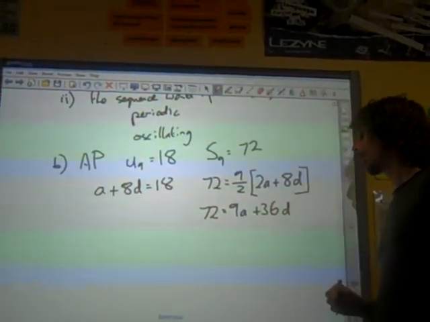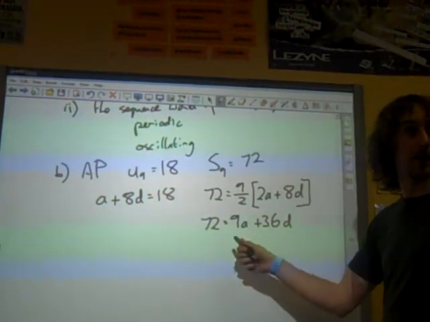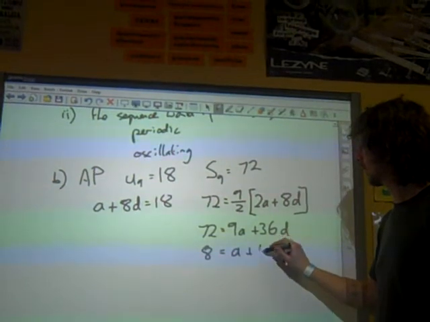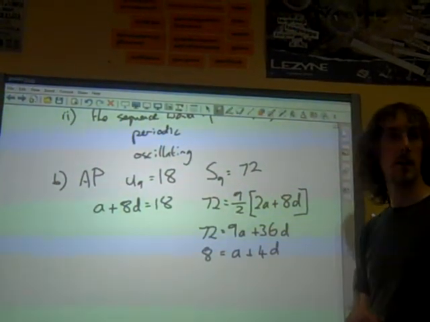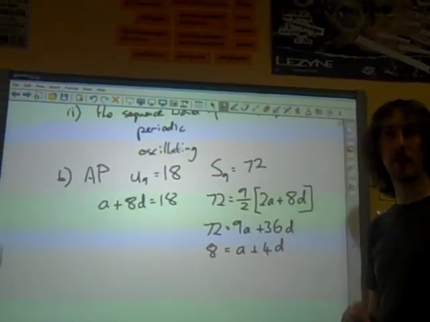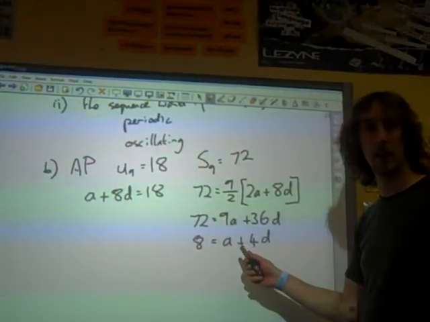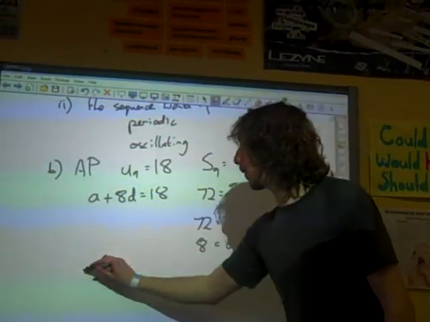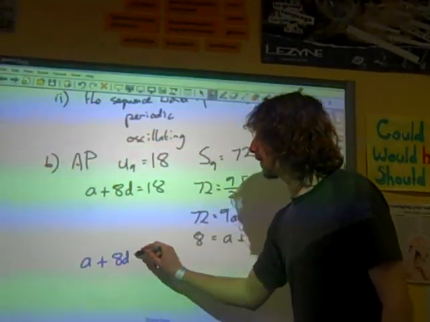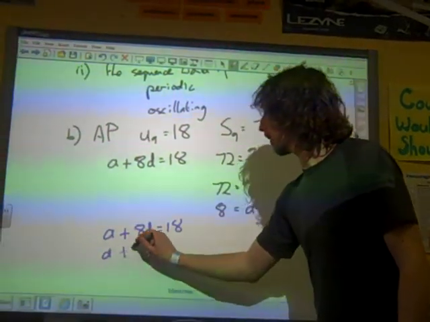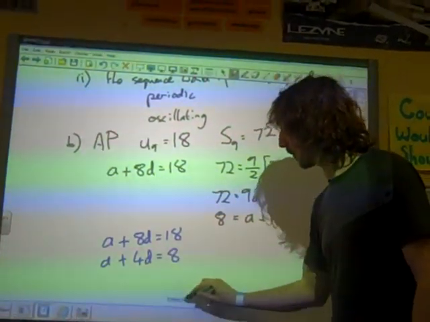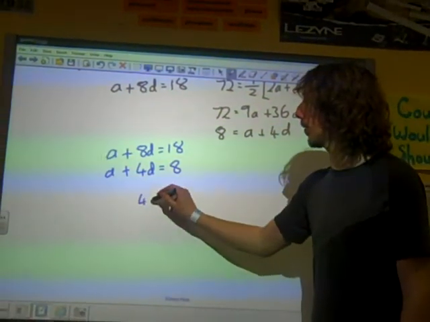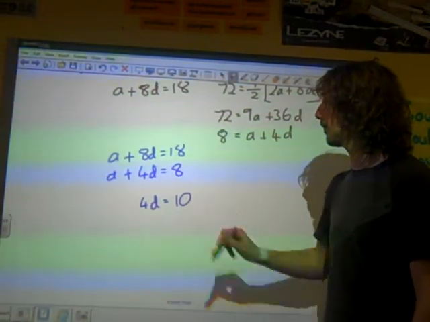Okay. And we've got a common factor of 9 in this expression here, so this is 8 is a plus 4d. This is all looking quite nice. We've ended up with simultaneous equations again. Should we just write them one more time? We've got a plus 8d is 18, and a plus 4d is 8. So if we subtract those 2 equations, we get 4d is equal to 10.